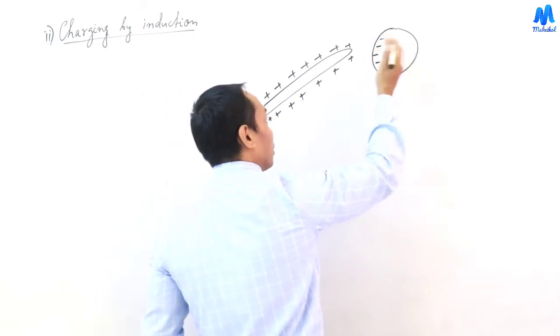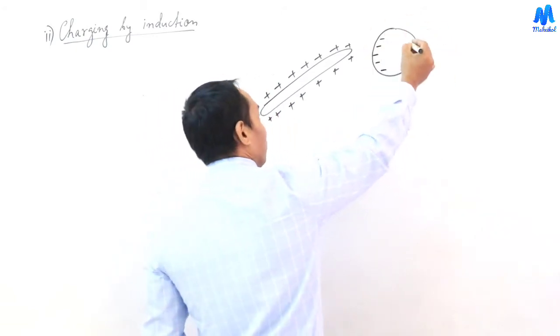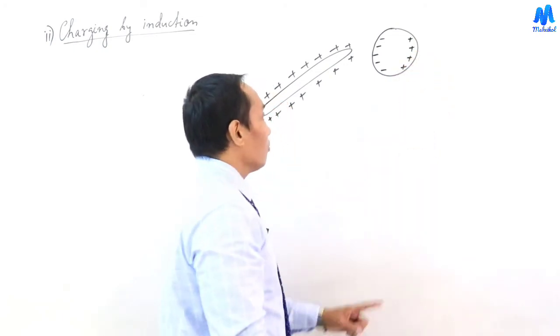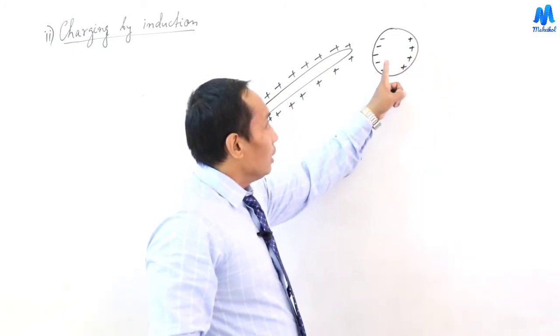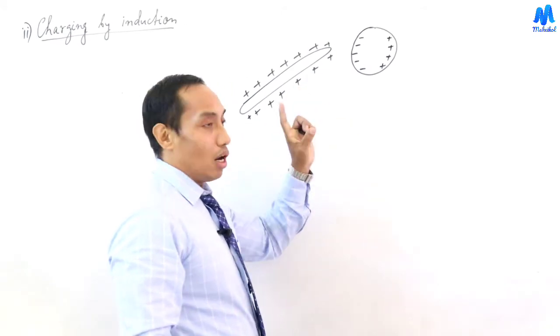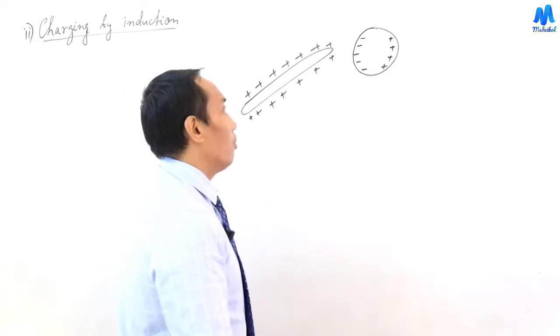The negative charges in the sphere which are moving towards the positively charged rod or body are also known as bound charges.